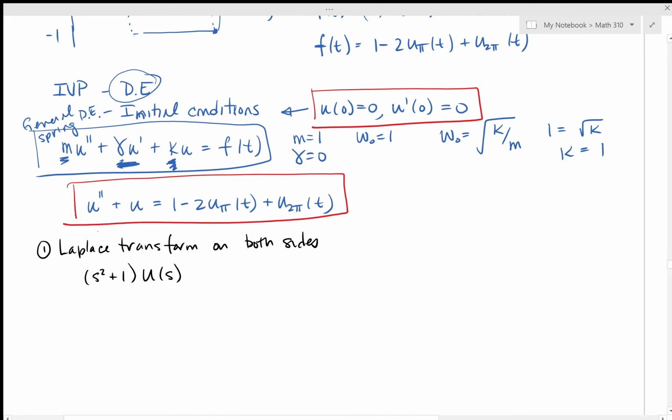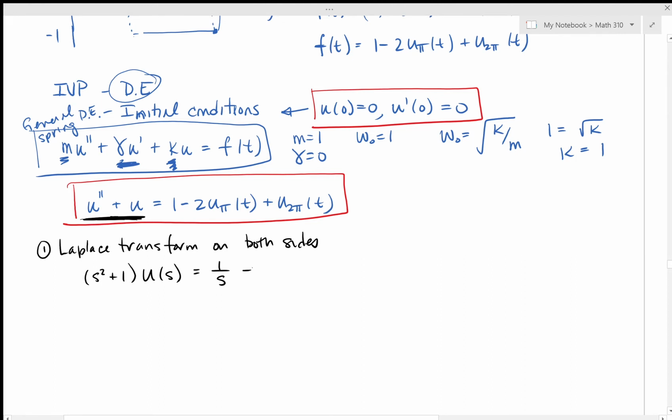You can do it a little bit more detailed, but you can see that the characteristic equation if this were homogeneous would be this s squared plus 1. All the initial conditions are 0, so the other terms are gone, and then I'm taking the Laplace transform on the right hand side. The Laplace transform of 1 is 1 over s.